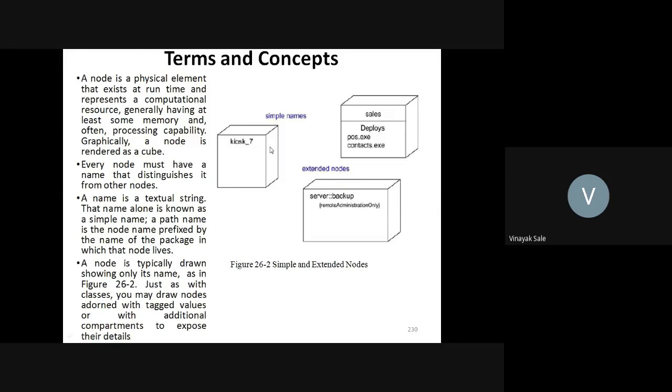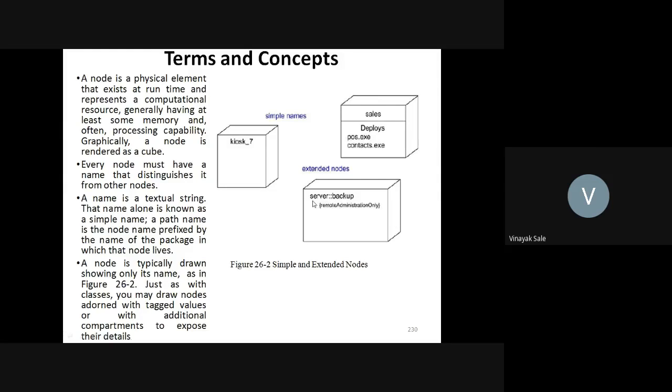We can represent it in both ways, simple name and path name. These first two upper figures have simple names for the nodes. Some nodes have attributes. In this example, sales has attributes: it deploys post.exe and contacts.exe. Sales and kiosk_7 are the simple names of the nodes, whereas an extended or path name is prefixed by the name of the package.